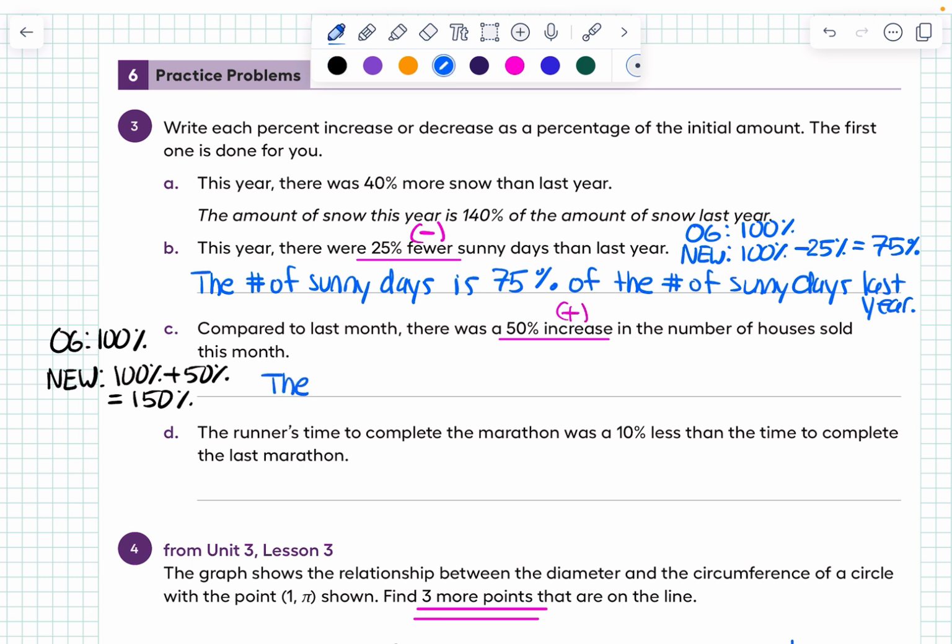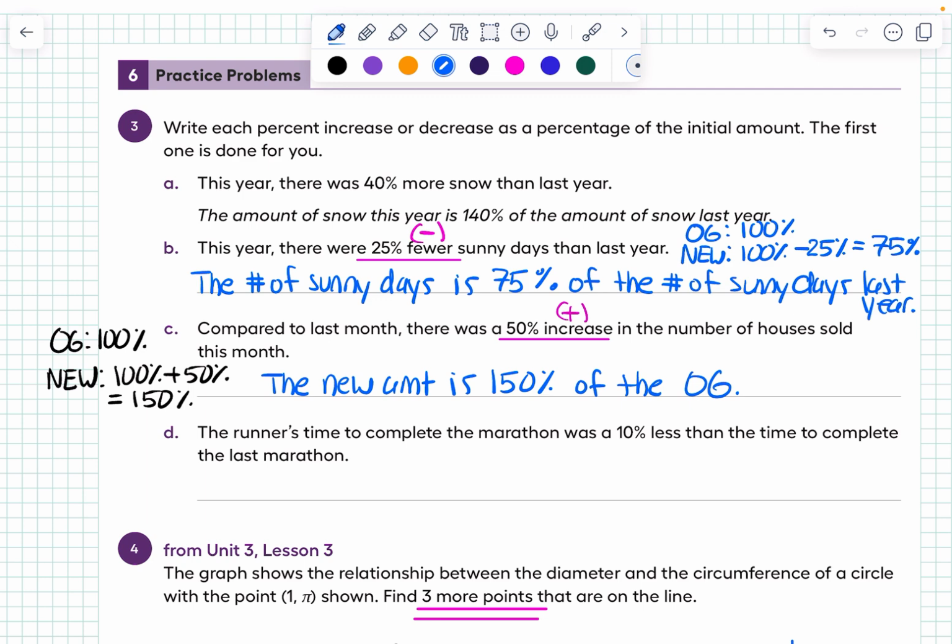We can just say the new amount is 150% of the OG. You could say the number of houses sold this month is 150% of last month.